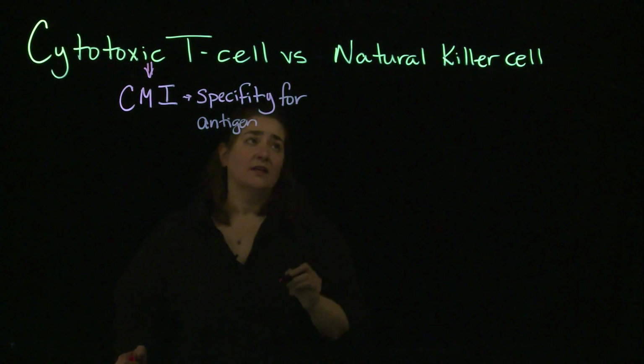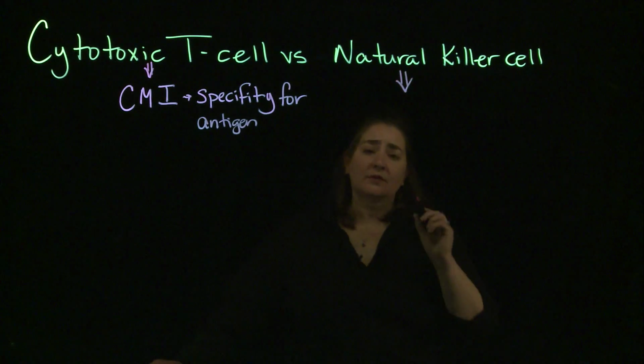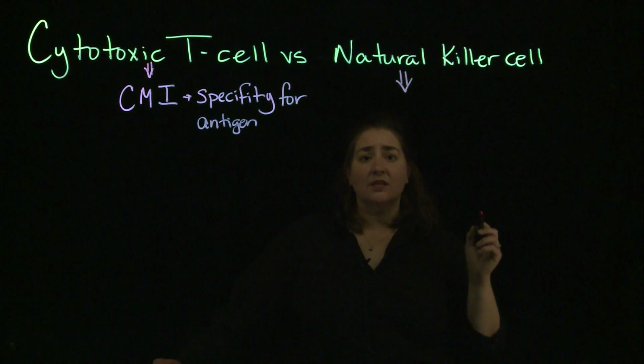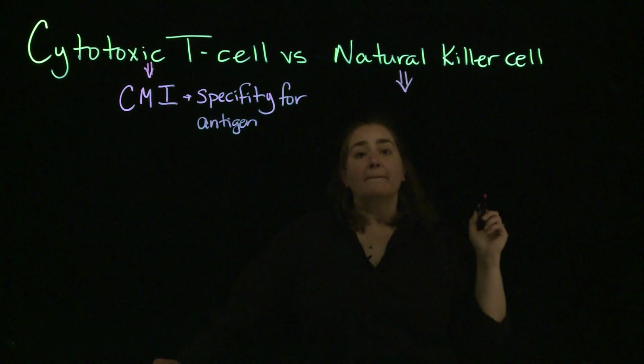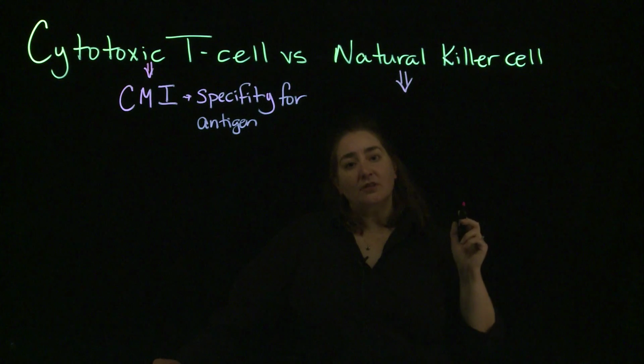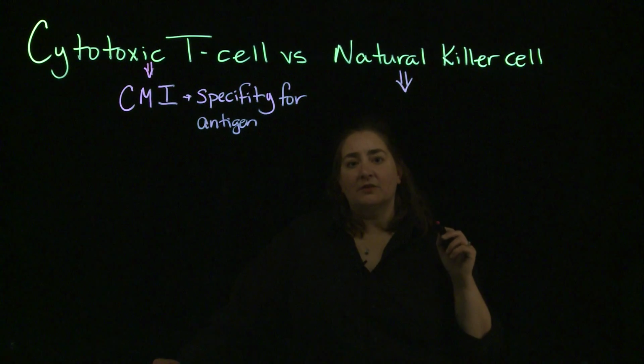Our natural killer cells, in a previous video, I told you the natural killer cell arises from the lymphoid lineage. But the natural killer cell is not actually part of cell-mediated immunity.